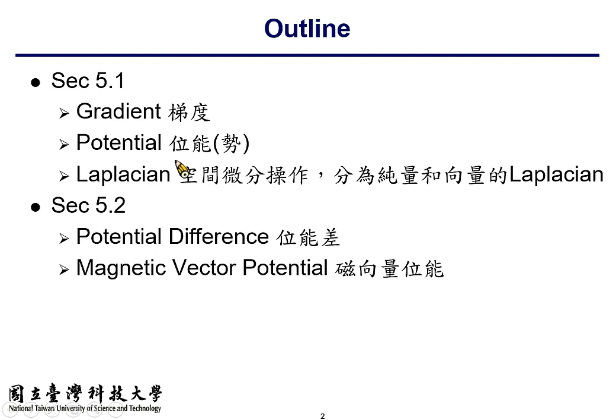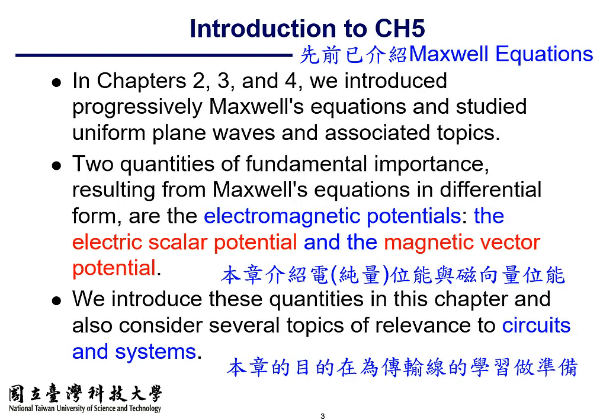We will also introduce another operator, the Laplacian, which is a combination of special derivatives. We apply a special derivative twice, and it's referred to as the Laplacian. 所以拉普拉斯操作是那个空间向量或标量的微分操作连做2次，称之为 Laplacian. And in section 5.2, we will look into the idea of potential difference and magnetic vector potential officially.